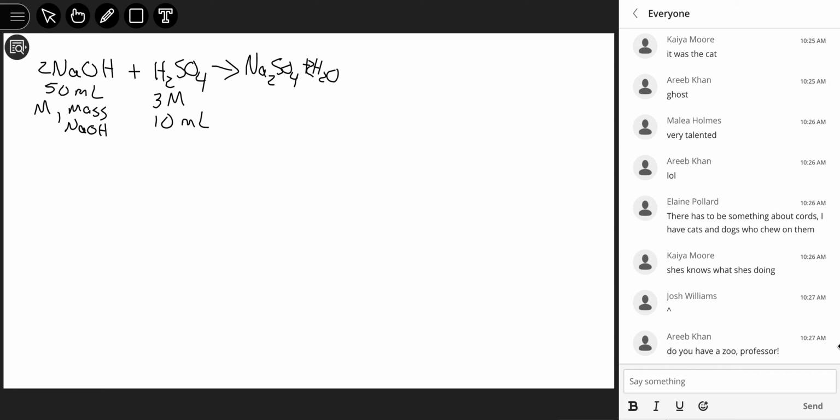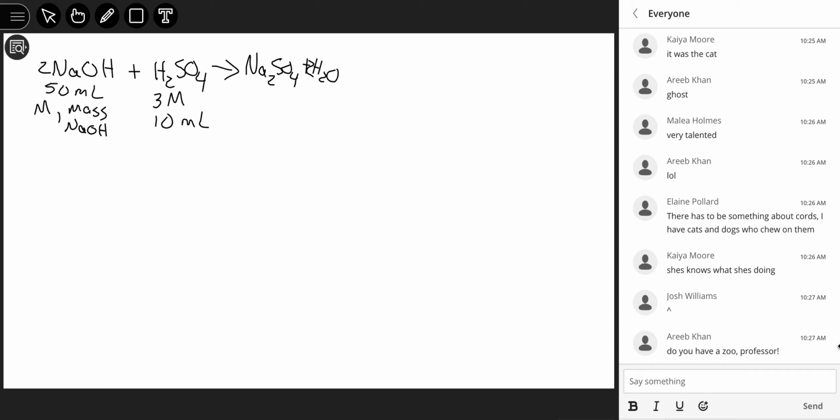So we've got 3 numbers, right? We've got the 50, the 3, and the 10. The 3 and 10 have to do with sulfuric acid, and the 50 has to do with sodium hydroxide. The first thing I usually have to do in these, ignoring the part where you have to convert from milliliters to liters, the first thing I really want to calculate is moles of something.